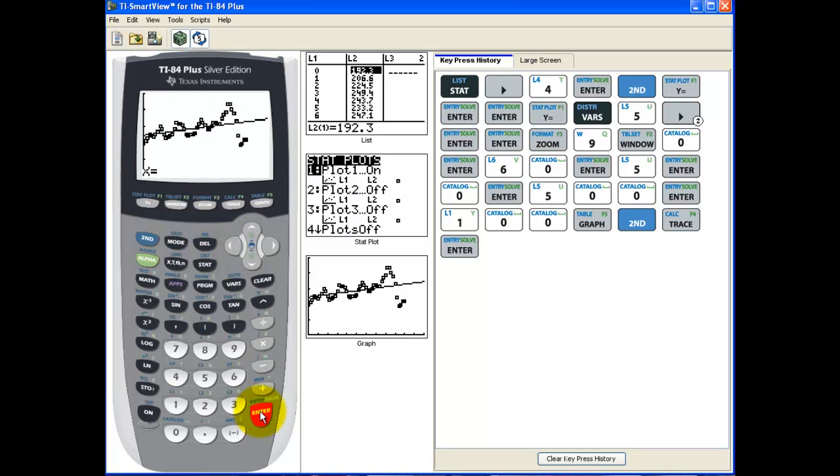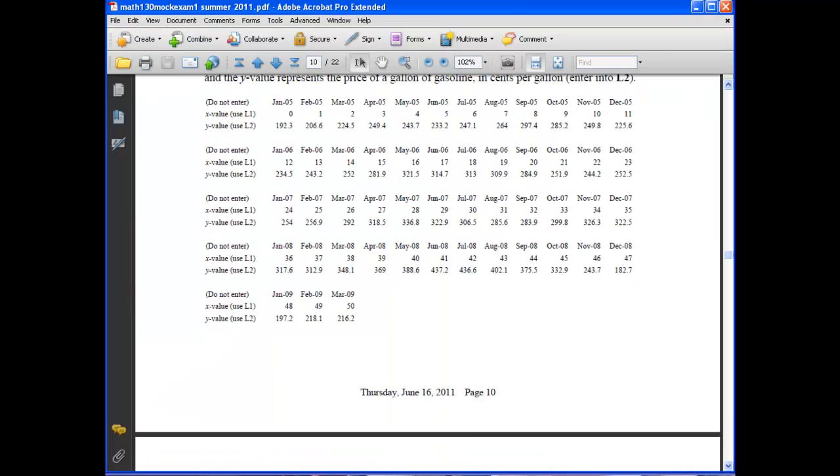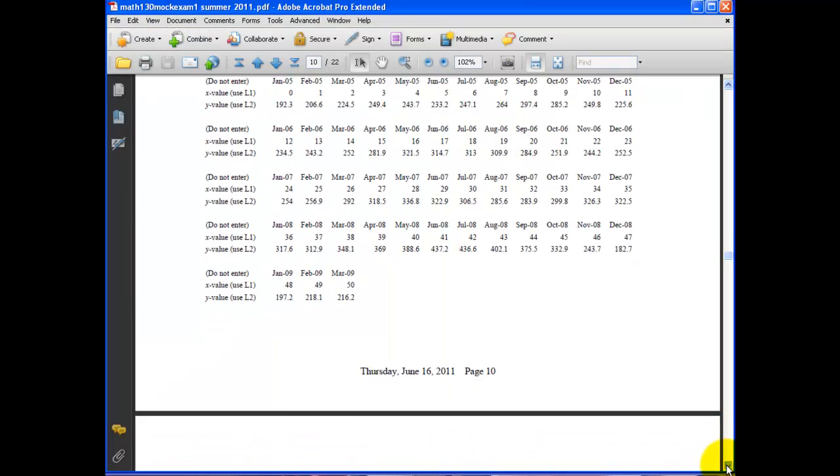So we'll press number 1, and we're looking for x is 55. If you input that value, you can see the output right here. It says y equals 336.478. If you round that to one place, it would be 336.5. And so if we go back to the mock exam here, let's scroll down to the question again.